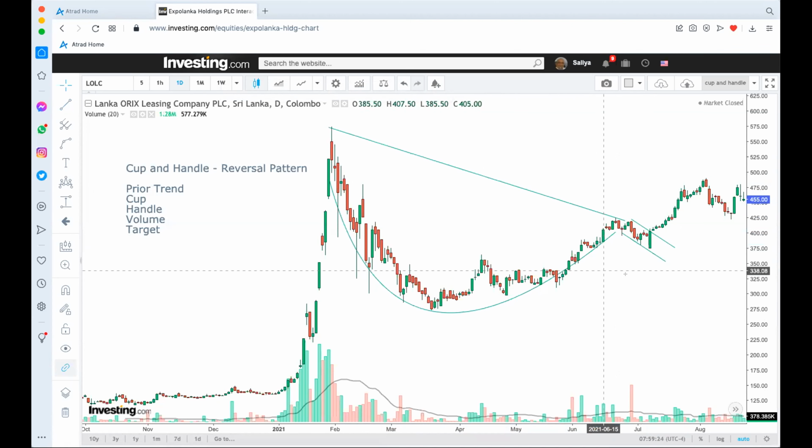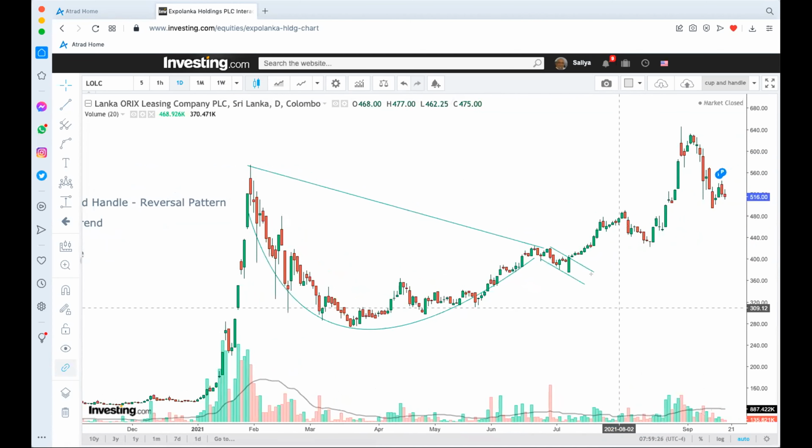Then you have this breakout. Once this breakout happens only, we can make use of the target area and see how far it can go up from that breakout point.